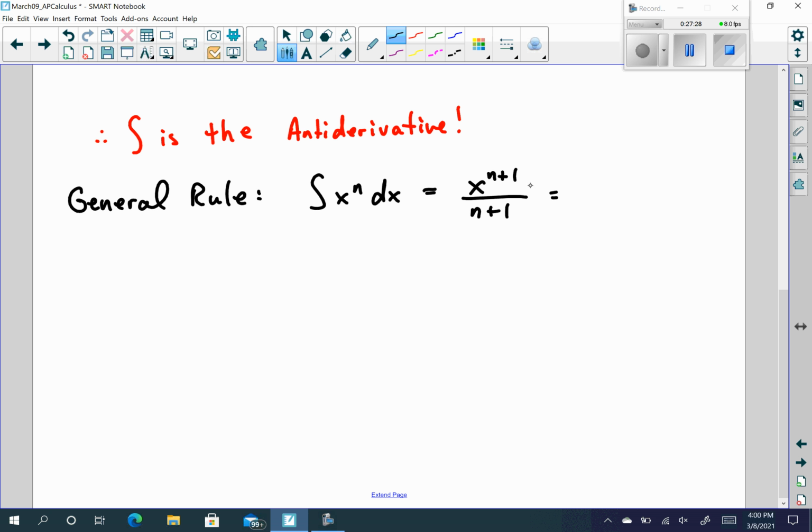Or a lot of times, if our exponent turns out to be a fraction, we multiply by the reciprocal of it. Now this only works as long as n is not equal to -1, and we're going to see why here in a moment. So we say this is the power rule for antiderivatives.